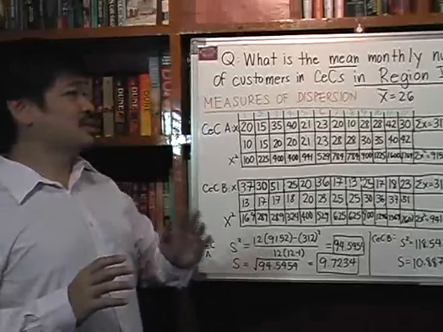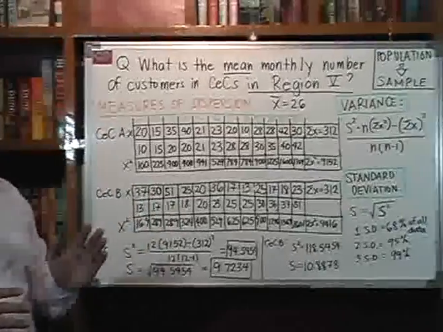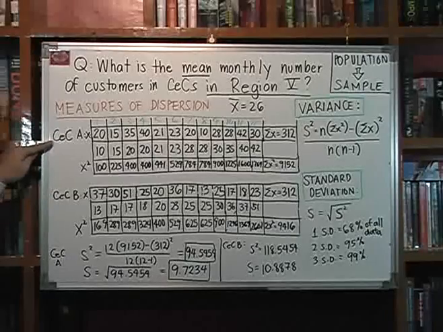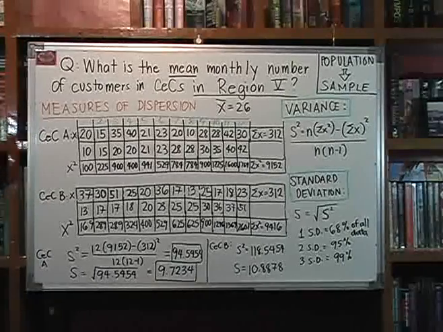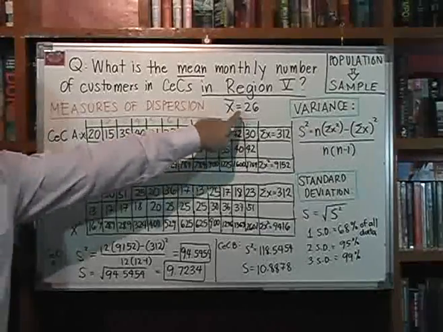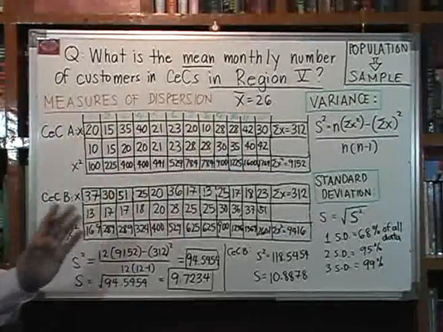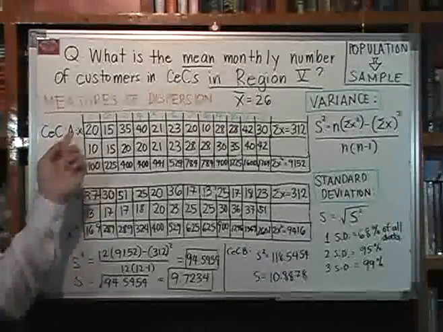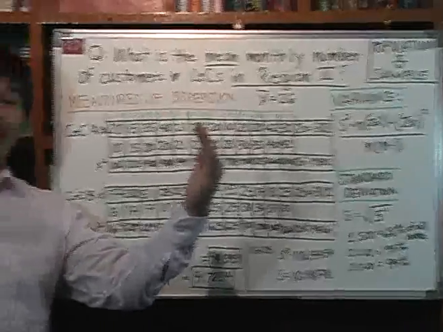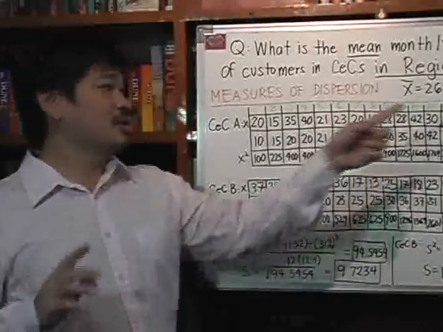This is a good way to illustrate, for example, a case where both samples, CECA and CECB, have the same mean, which is 26. Which group of measurements is farther apart from the mean?